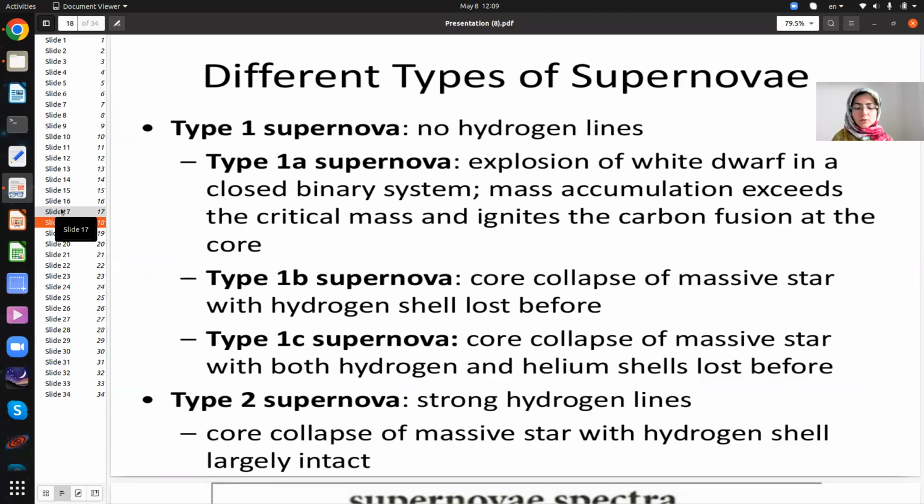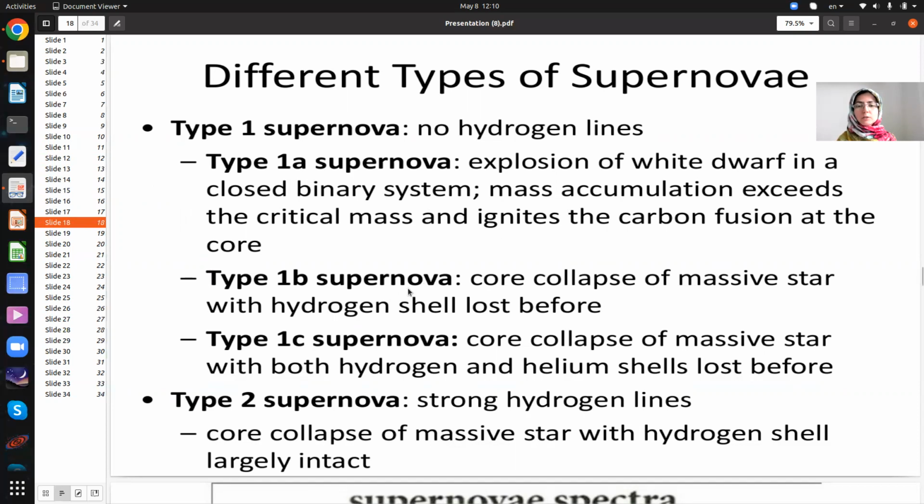There are no hydrogen lines, and it has three types. Type 1A supernova: explosion of a white dwarf in a close binary system, where accumulated mass exceeds the critical mass and ignites carbon fusion at the core.